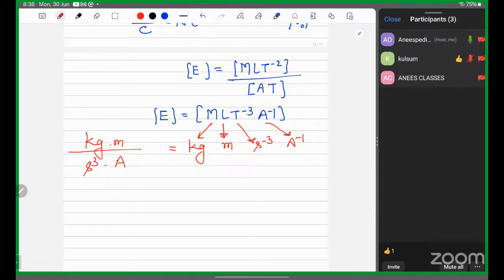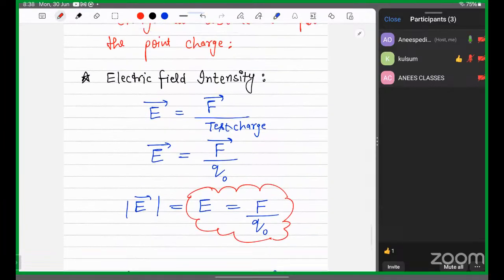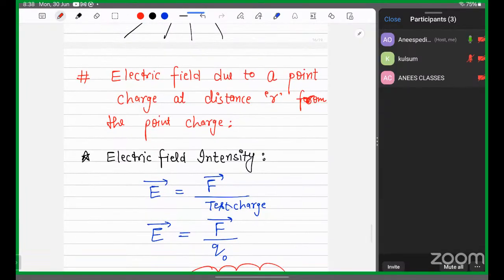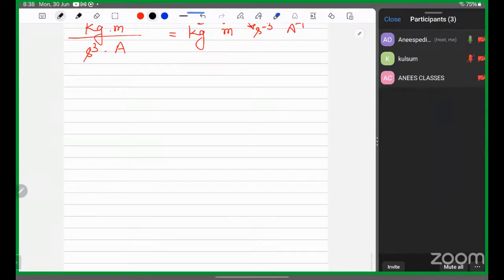Okay, could we move to the next point? So this was the concept of electric field intensity. But the main topic was how to find the electric field due to a point charge at a distance r from this point charge. So let's find the expression for it. Now we have a physical situation. Let's say there is a charge plus Q at a point in 3D space. From this point at distance r, there is another point.